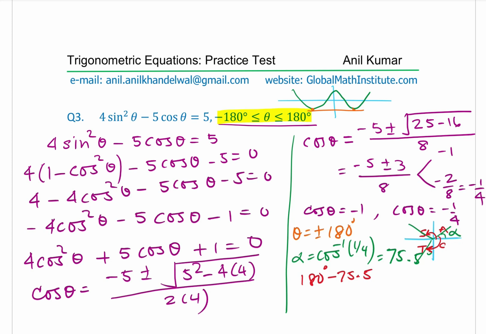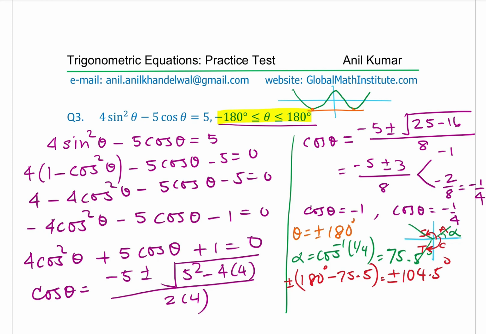The other one is, you can go from the right side, so it is again but negative, right? So it is plus and minus of this. So let's do this. We have 180 minus 75.5, which is 104.5. So we get plus minus 104.5 degrees as our answer. So those are the solutions for us.